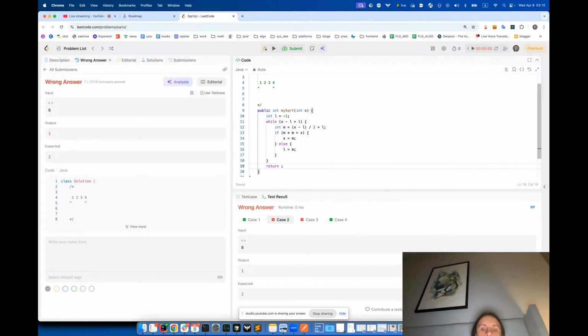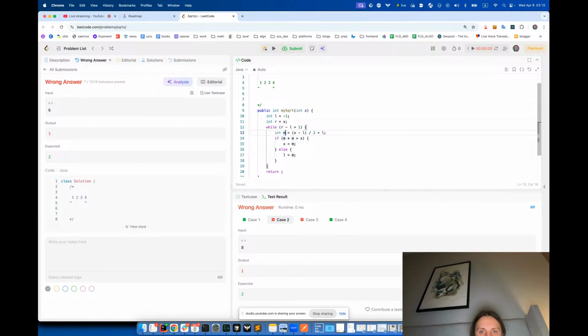So if x multiplied by x is... let's have it right x.